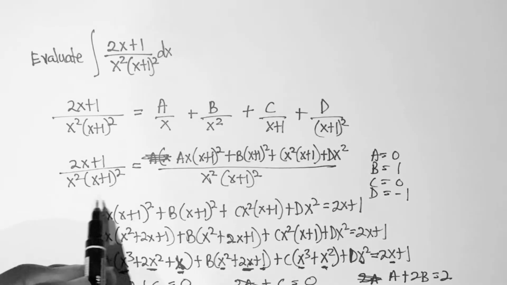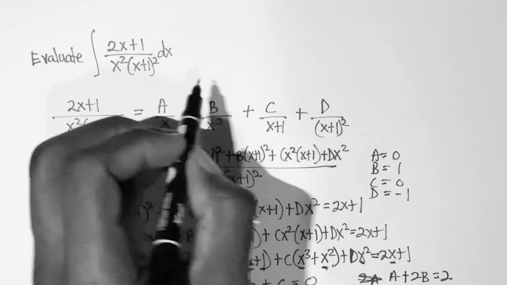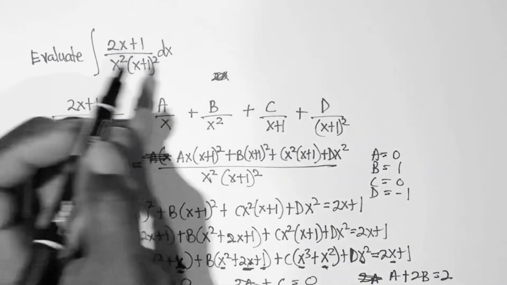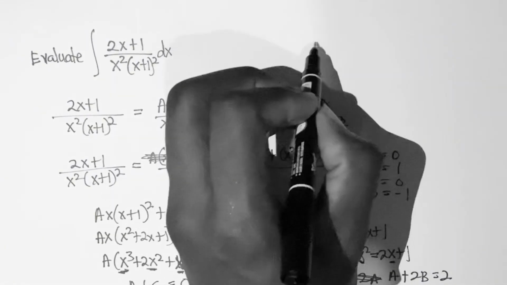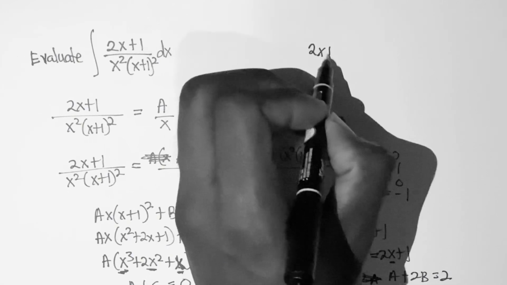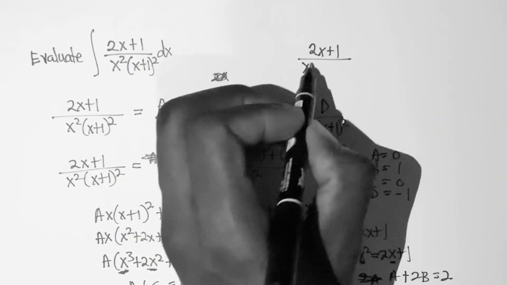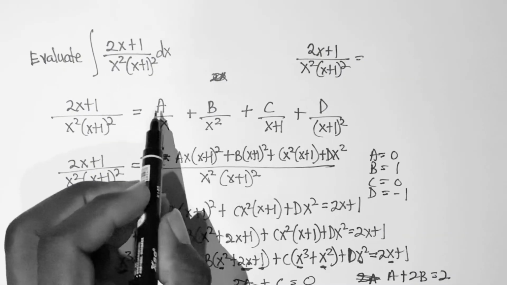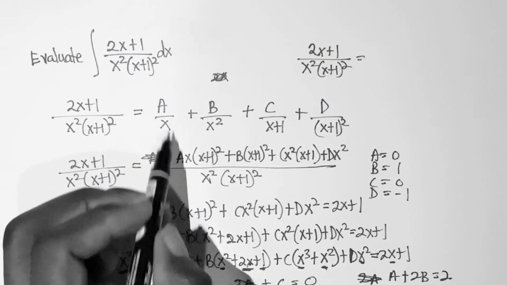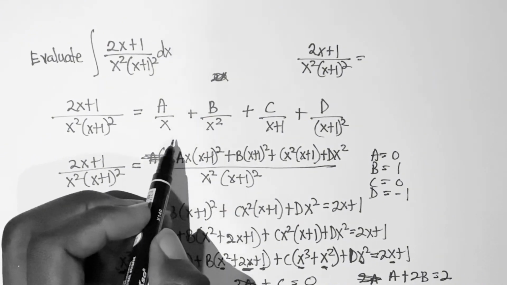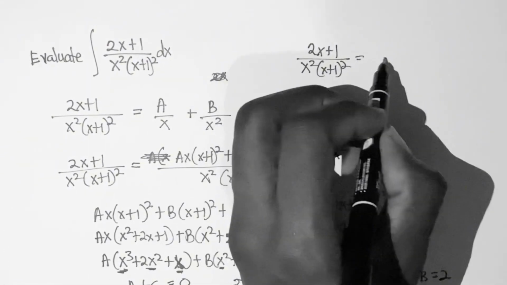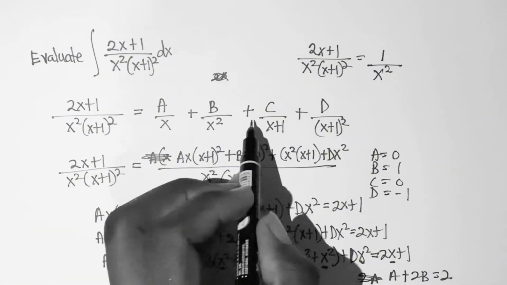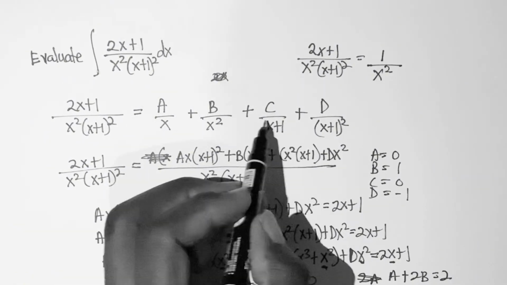So in terms of partial fractions, let me write it here. (2x plus 1) divided by x squared times (x plus 1) all squared is equal to, a is 0, so a divided by x will not stand, but b is 1, so 1 divided by x squared, and then c is also 0, so this term goes to 0.